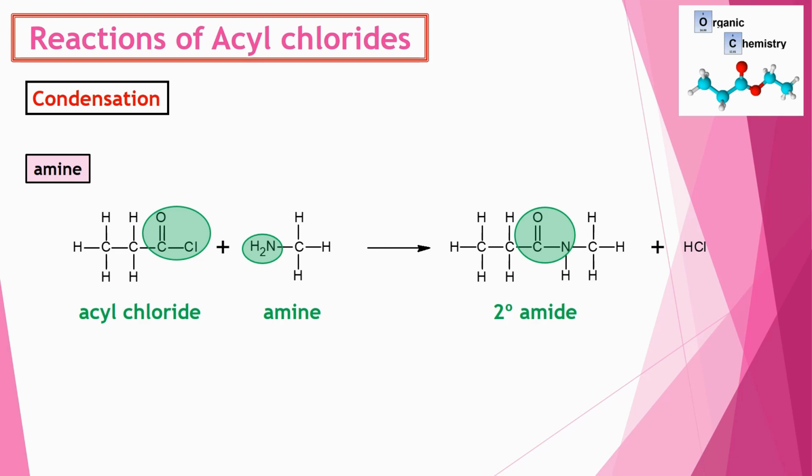Now, because remember the nitrogen is attached to two carbons, this is a secondary amide. This type of bond, called an amide bond, is also called a peptide bond. So biologists call this a peptide bond, and remember, peptide bonds are what hold amino acids together in proteins.